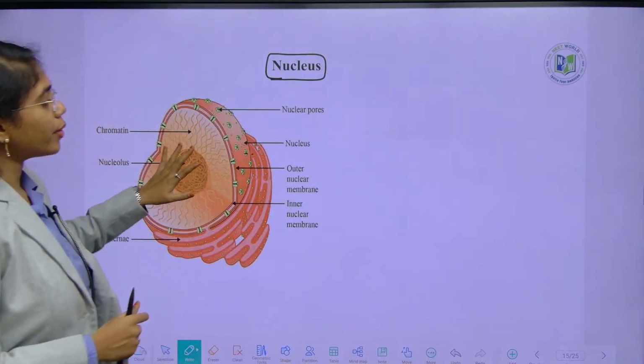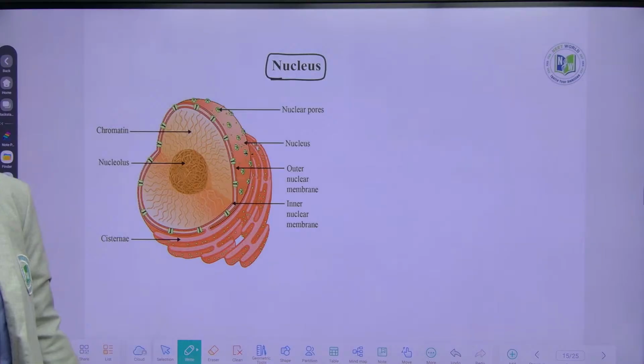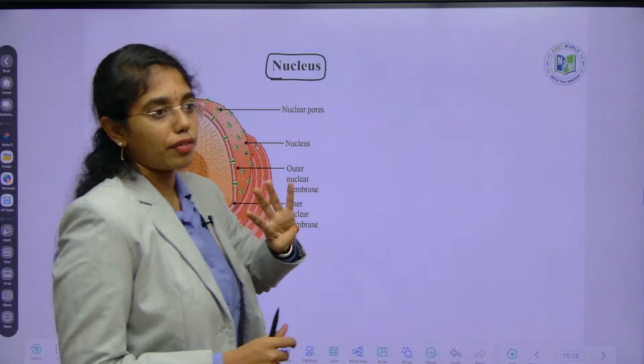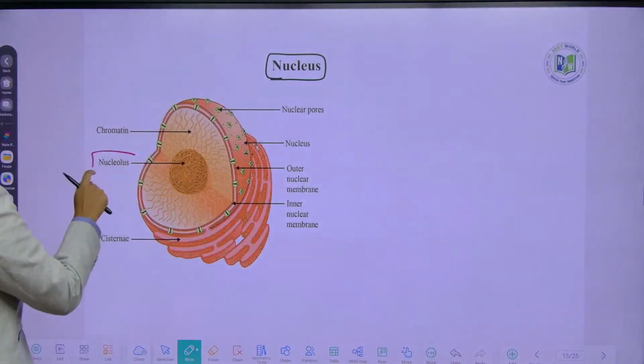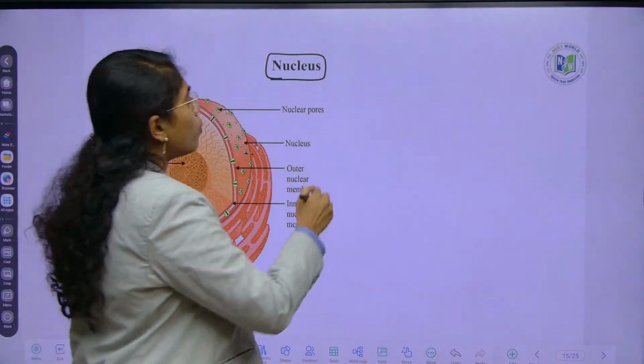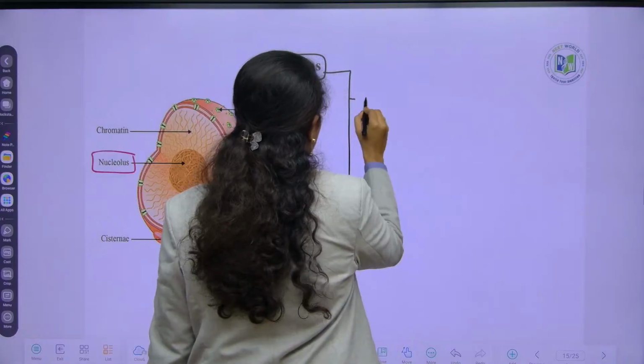Now, let us look into the components of the nucleus. There are 4 components of the nucleus. First, nucleolus. It can be one or more spherical bodies inside the nucleus.